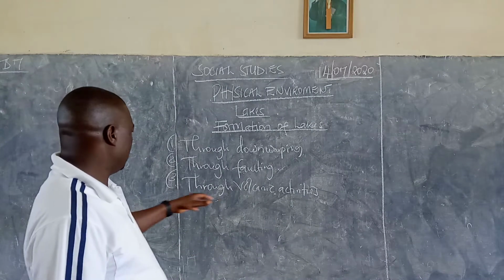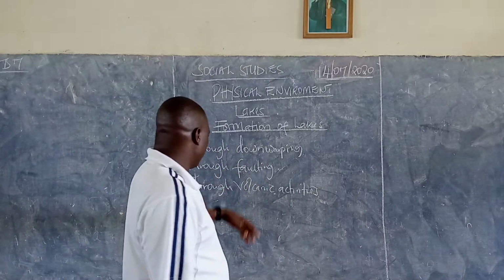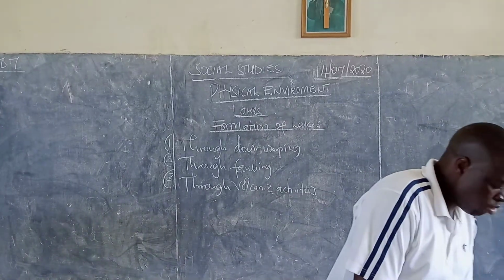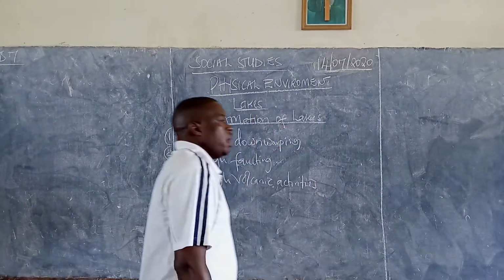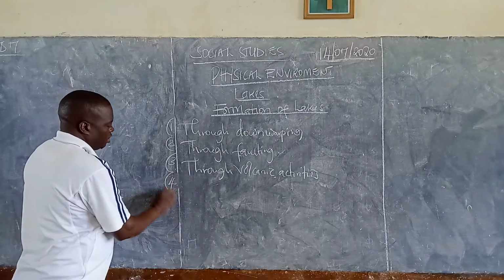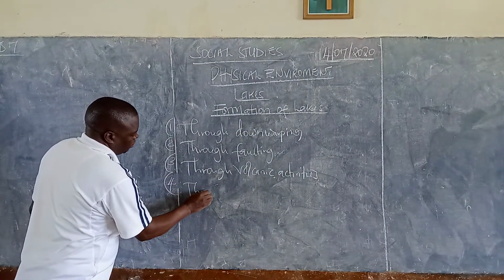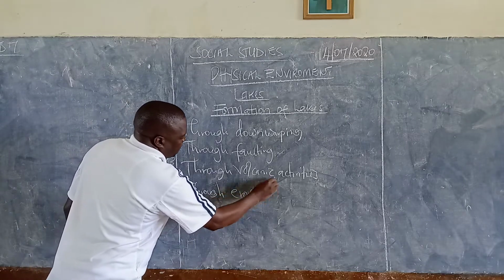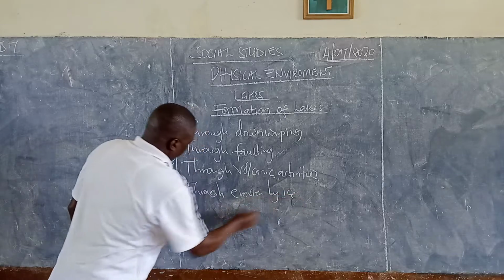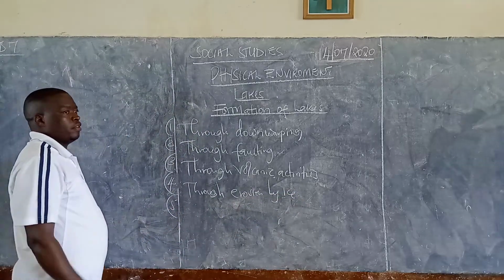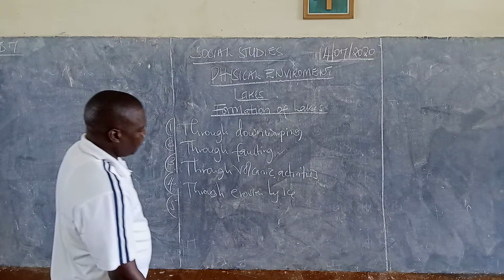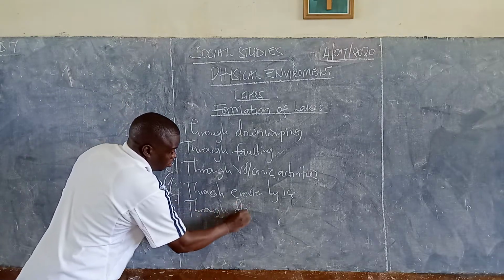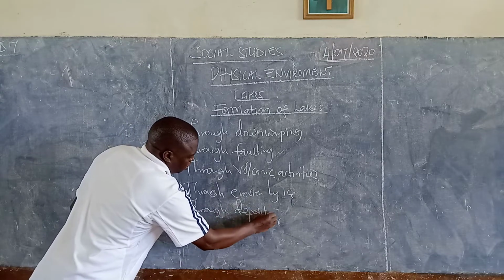That is, we have talked of downwarping, we have talked of faulting, we have talked of volcanic activities. We have lakes formed through erosion by ice. Number five, lakes formed through deposition.